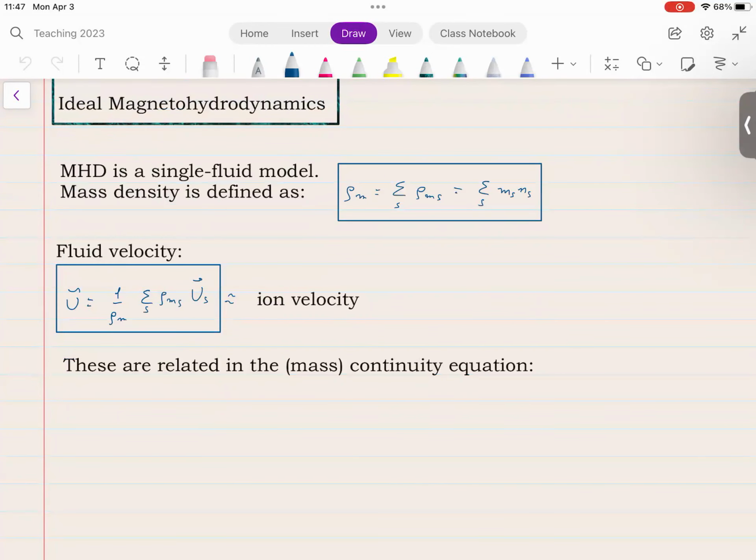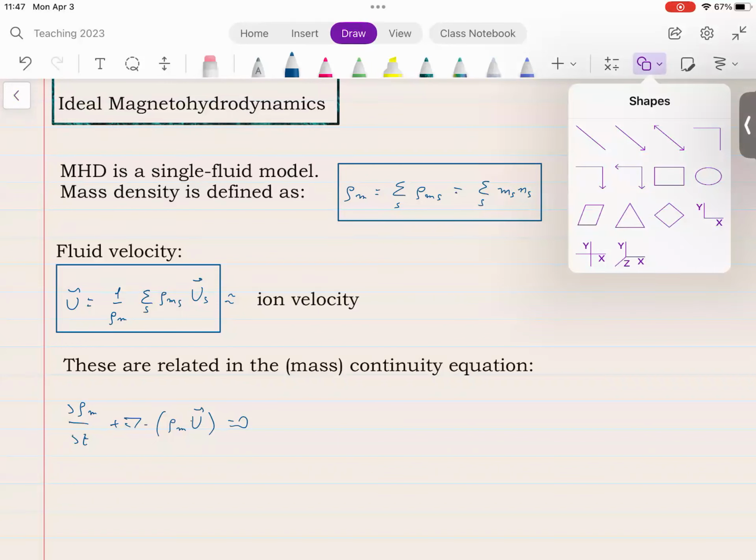that equation is simply the partial derivative of the mass density with respect to time plus the divergence of mass density times fluid velocity is equal to 0.